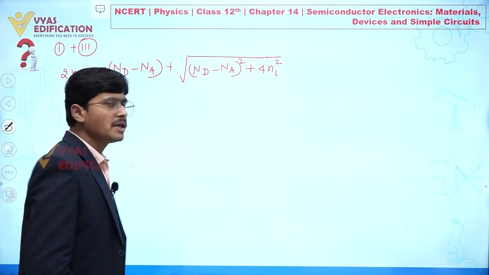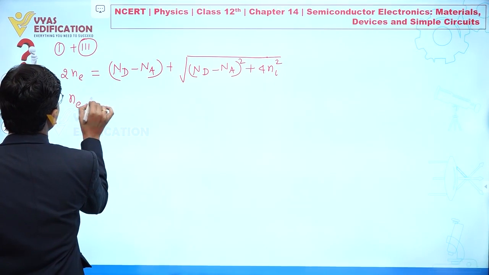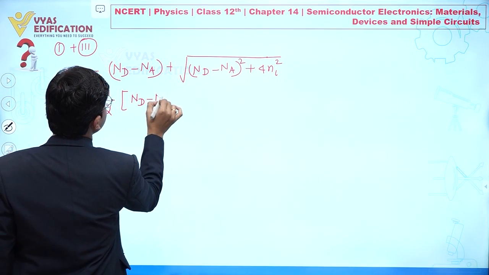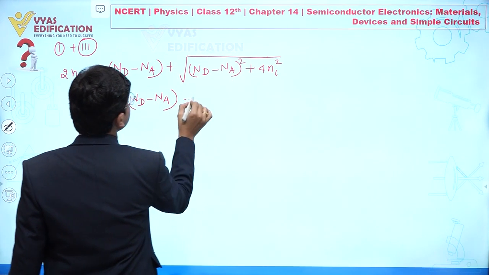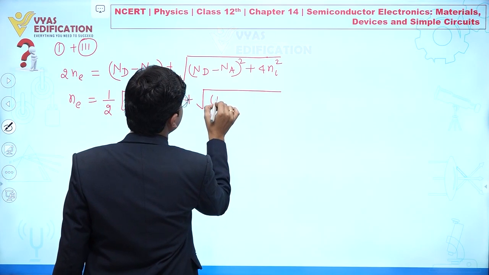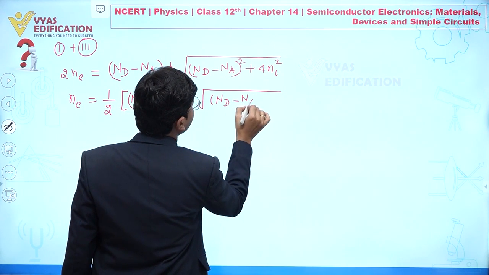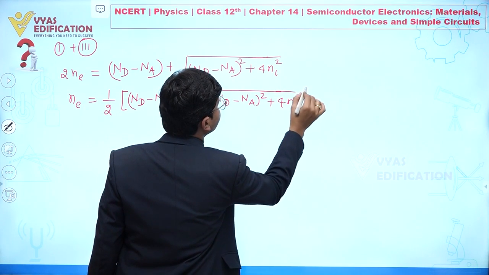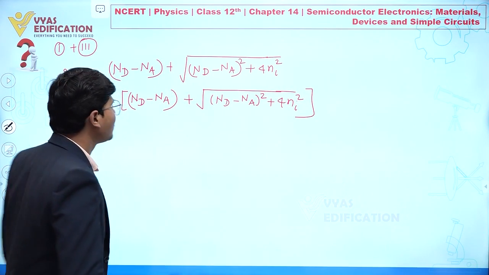Clear? So from here the value of Ne is 1 by 2 times (Nd minus Na) plus the square root of (Nd minus Na) whole square plus 4 times Ni square. Clear? Now you can place all the values.